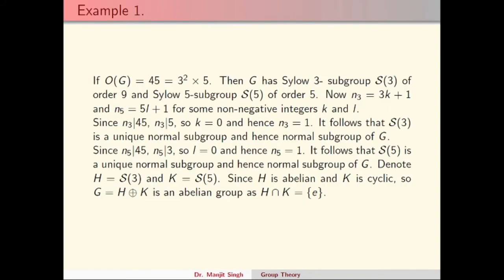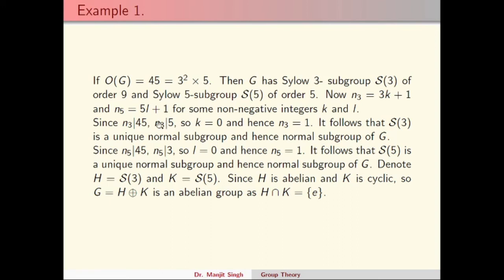Now in this example we take a group of order 45, and it has Sylow 3-subgroups and Sylow 5-subgroups. So the Sylow 3-subgroup is of order 9 and the Sylow 5-subgroup is of order 5, and the number of Sylow 3-subgroups n_3 is of the type 3k+1 by the previous theorem, and 3k+1 divides 5.